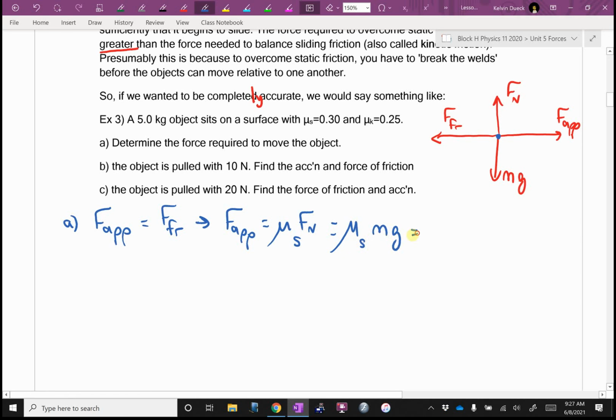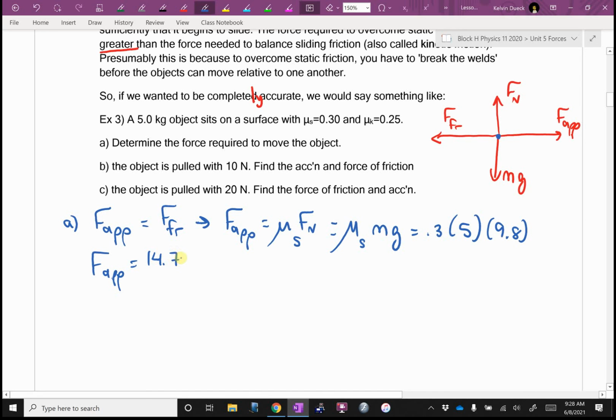How big is mu static? 0.3, m is 5, g is 9.8. How hard do I have to pull to get this to start to accelerate? 14.7.